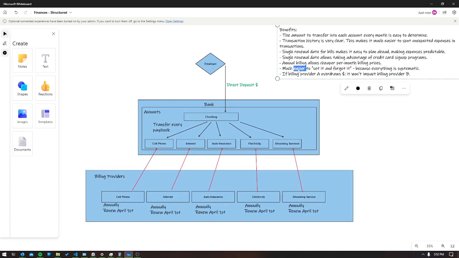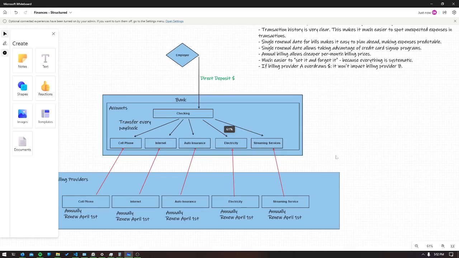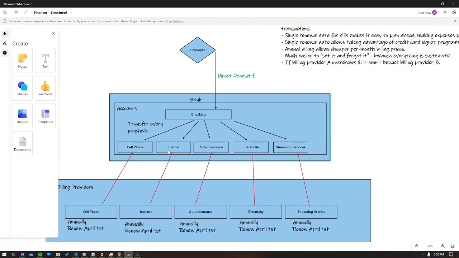My expectation here is that this system's going to be a lot easier to set and forget, right? Because think about it, if I have a $50 a month internet bill and a $15 a month streaming service bill, and I set up automatic transfers to these accounts, I could be pretty well assured that things are just going to work for me, month after month.